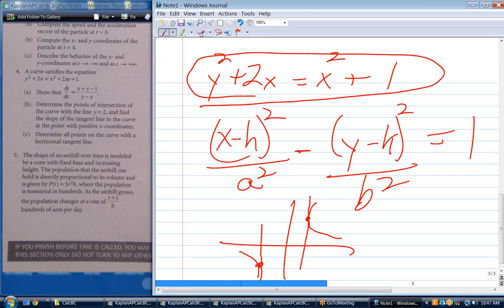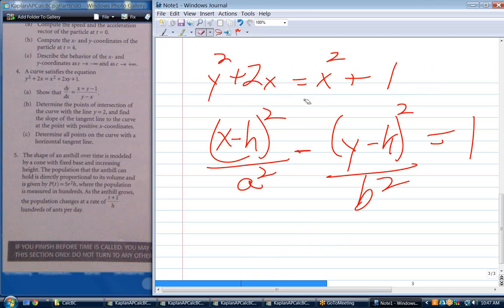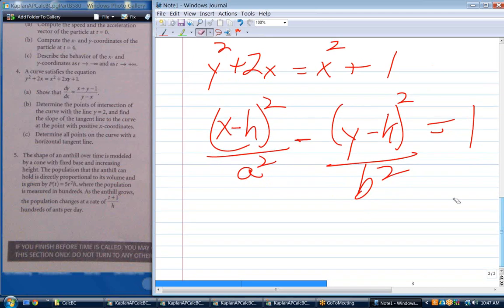So let's go back and solve this. We're trying to get that into this format. Wait, this was still part of B? No, this was merely, I changed the function.